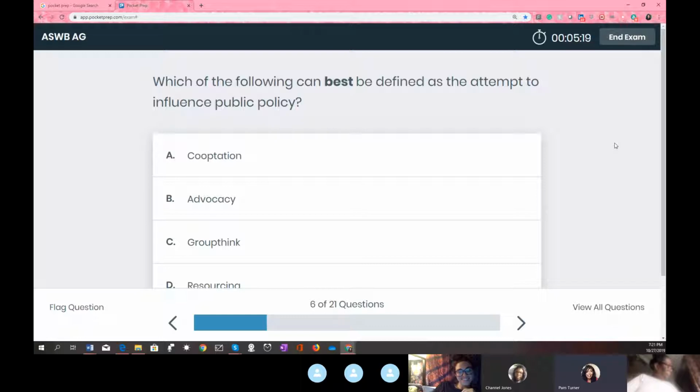Also, in general, when you take the test, do not spend more than a minute and a half on each question. If you are not sure, then flag it and come back. You don't want to beat yourself up, because what happens if you have a couple of questions in a row that you don't know the answer to? You begin to get nervous and tell yourself, "Oh, I don't know what I'm doing.